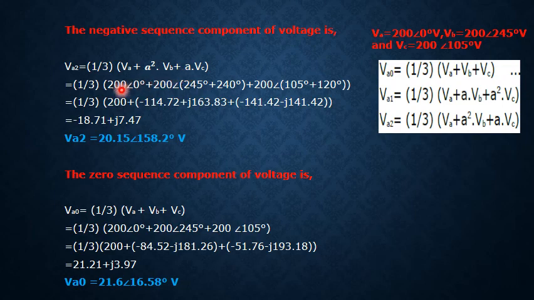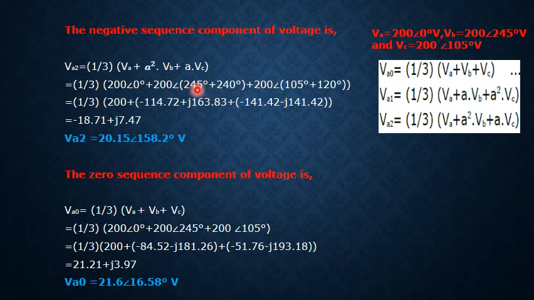Here I substituted VA as 200 at an angle 0 degrees, plus the VB value, 200 at an angle 240 degrees, which is what I have written here. We need to add only the angles here, not the magnitude terms.